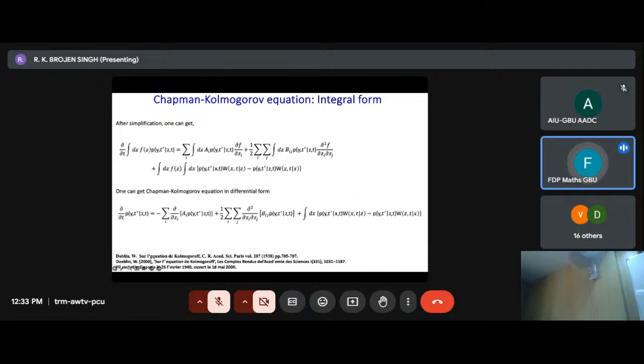You can find it in the complex book or in the paper which was published a long time back. The crux of this particular thing is that the first part, which is the derivative, is coming to discuss.